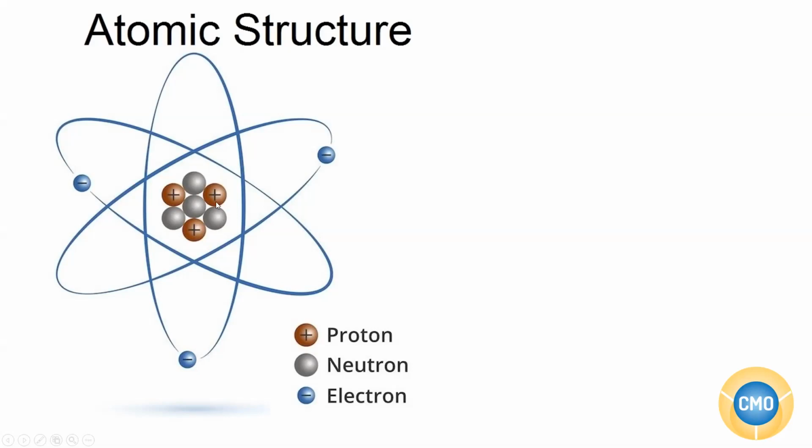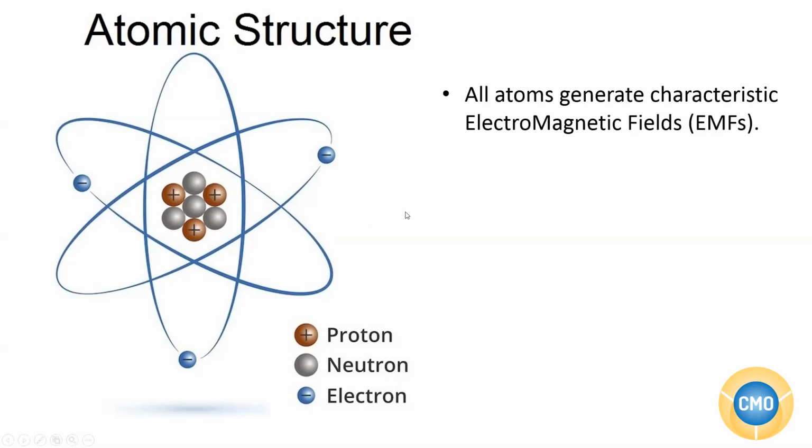In the diagram, the nucleus looks relatively large in comparison to the orbits, but actually the volume of an atom really is mostly space. These orbits are very much further away from the nucleus in reality. So this is very much an idealized diagram to make it easy to see.